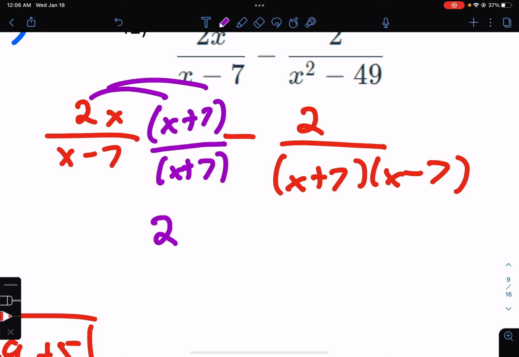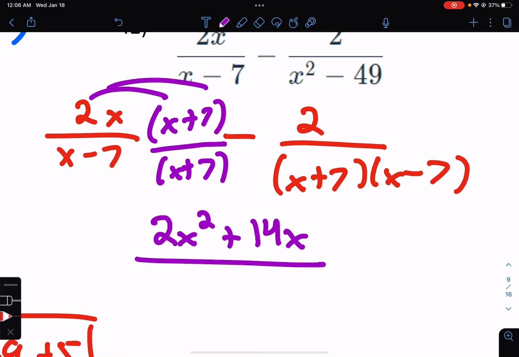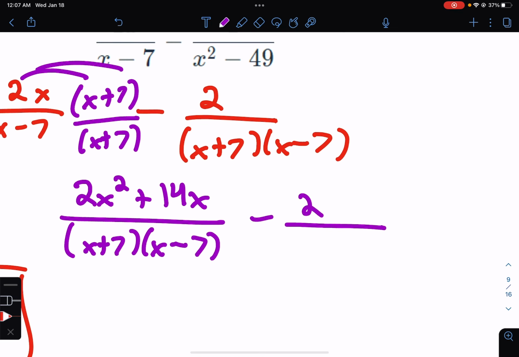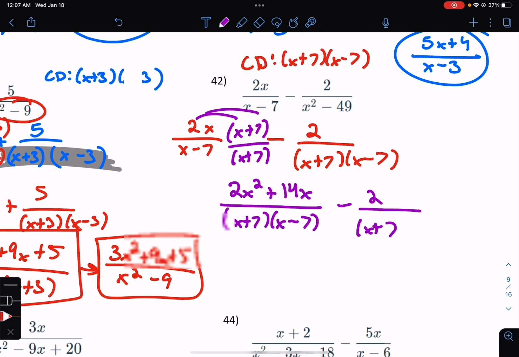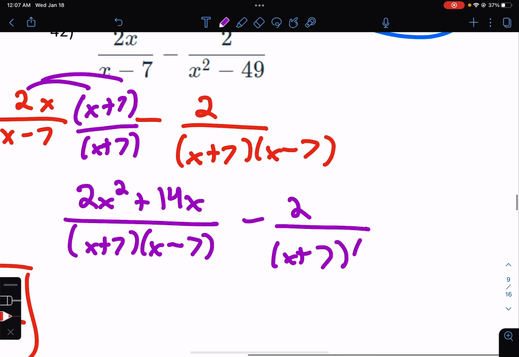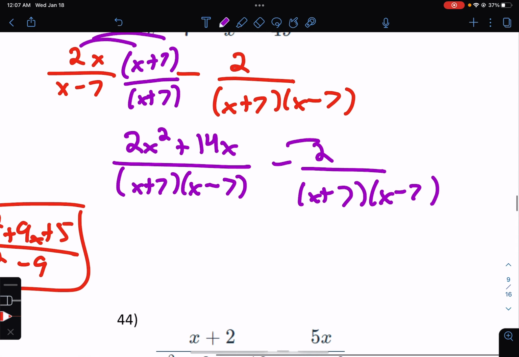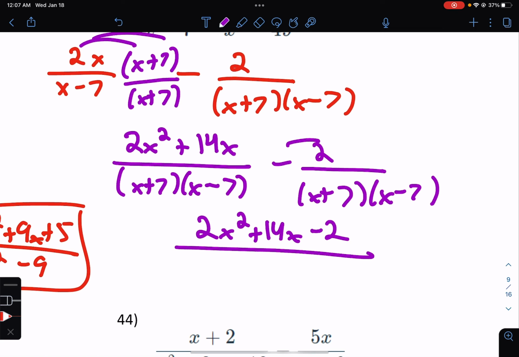So we end up with 2x squared plus 14x all over our common denominator, x plus 7, x minus 7, minus 2 all over x plus 7, x minus 7. And of course, we have to distribute this negative. We end up with 2x squared plus 14x, and then just minus 2, all over x plus 7, x minus 7.